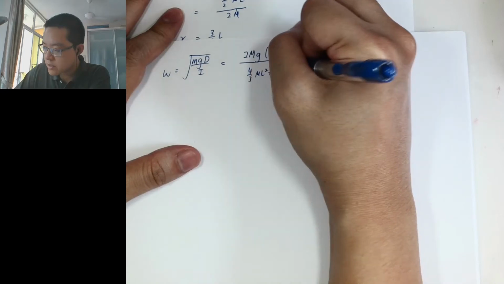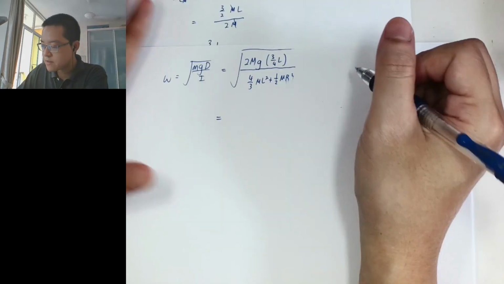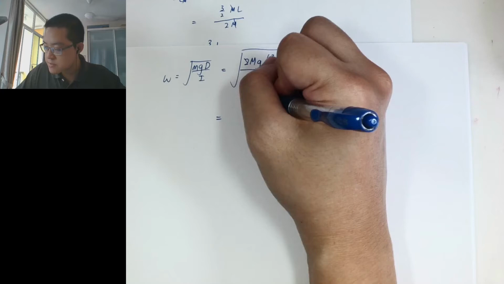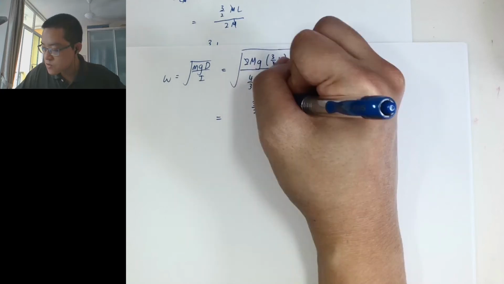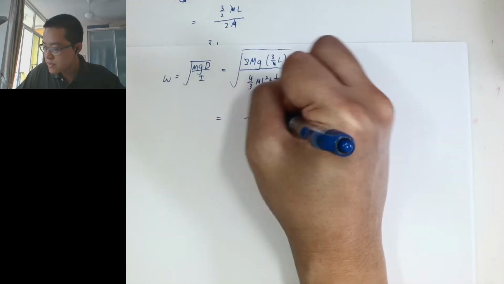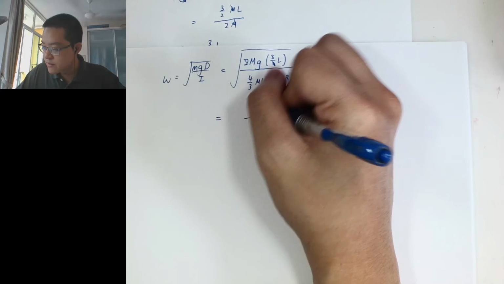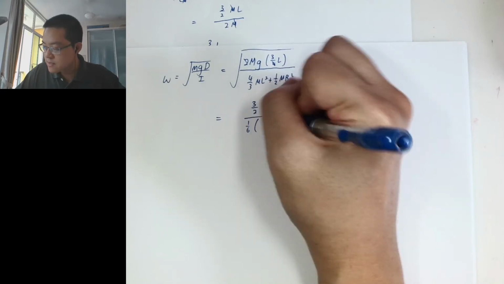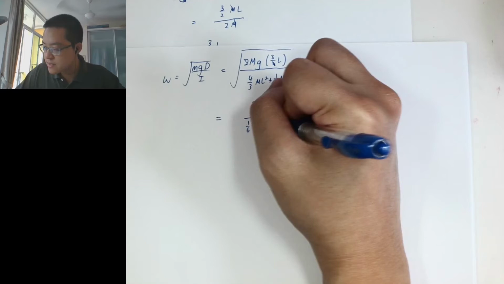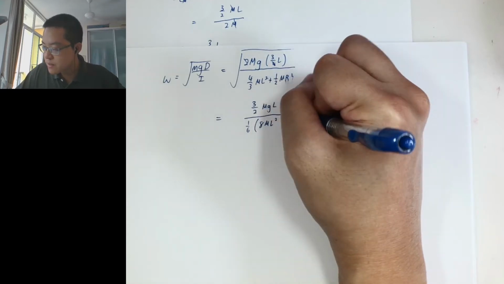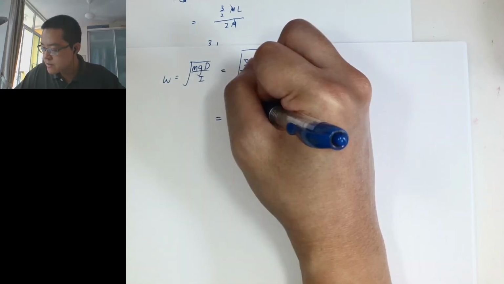Okay, so we can try to simplify the best that we can. This cancels, becomes 2, so it's 3 over 2 mgl, right? And then I got 4/3, so let me take out 1 over 6, so this becomes 8 ml square plus 3 mr square, and then like this.